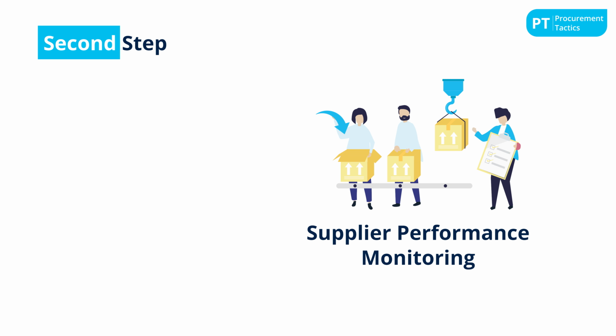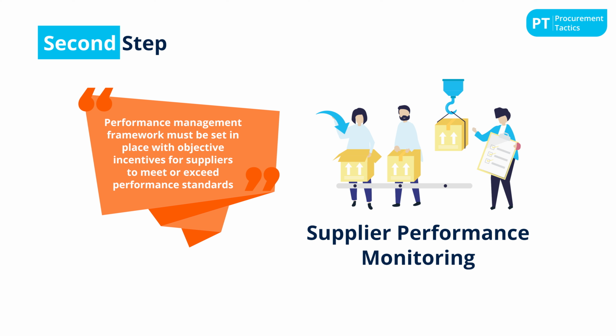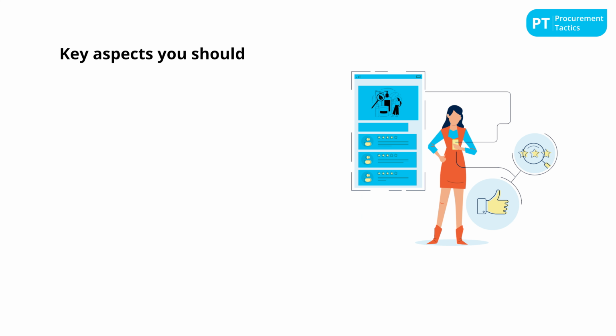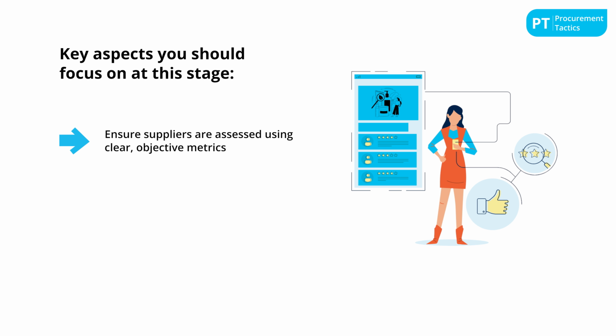The crucial step here is that the suppliers must understand the service they are requested to deliver. A performance management framework should be in place when the contract is signed, with objective incentives for the supplier to exceed the agreed performance standards. In this step, it's also important that you ensure that the supplier performance is assessed using clear, objective, and meaningful metrics.